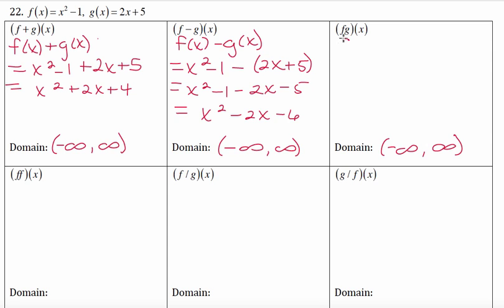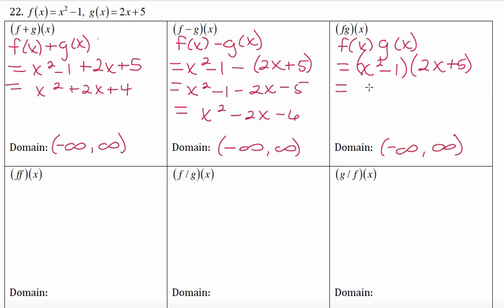All right, let's go ahead and take our f times g of x and write it as f of x times g of x. And my f of x function is x squared minus 1, and I'm going to multiply it by g of x, which is 2x plus 5. And we need to have parentheses when we multiply the two functions together.